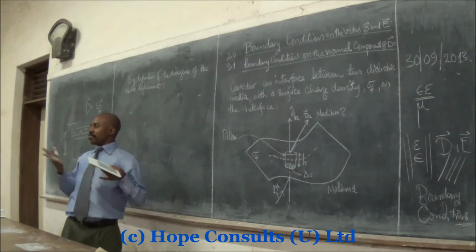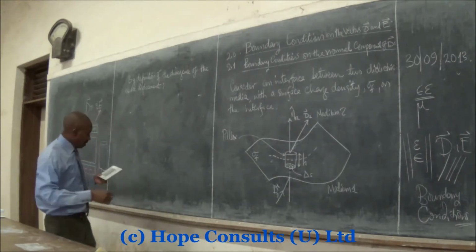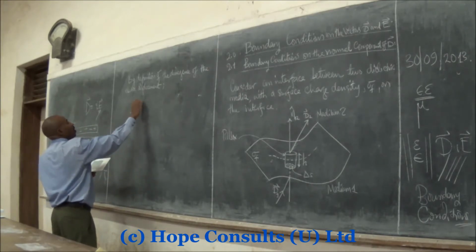When you try to make it diverge through an interface, that means you are taking the divergence of D.